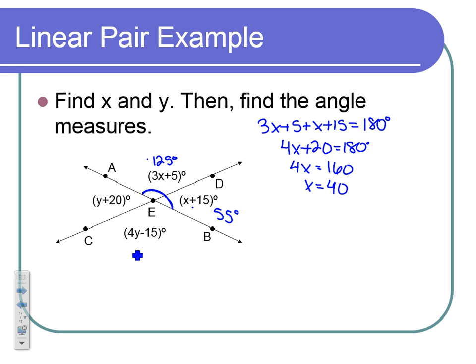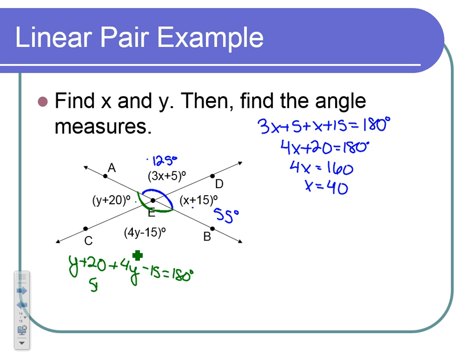All right, then there's a couple of ways to solve for the last 2 angles, but I'm just going to be consistent for now until we get the linear pairs down. So all I'm going to do is the exact same thing just with the y's. So y plus 20 plus 4y minus 15. I didn't have to distribute, so I'm good without those parentheses.